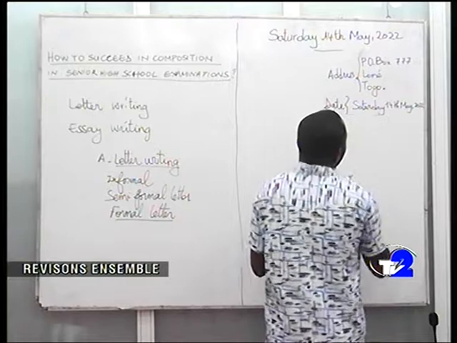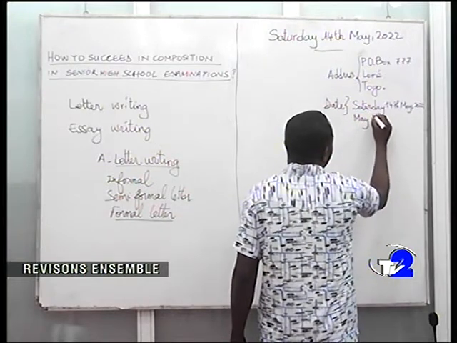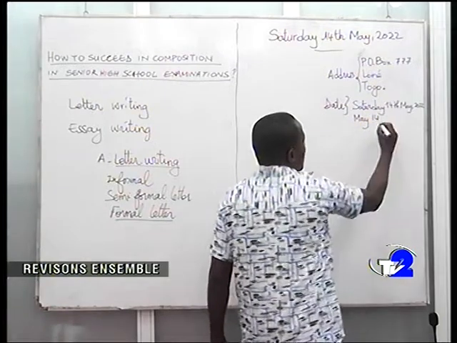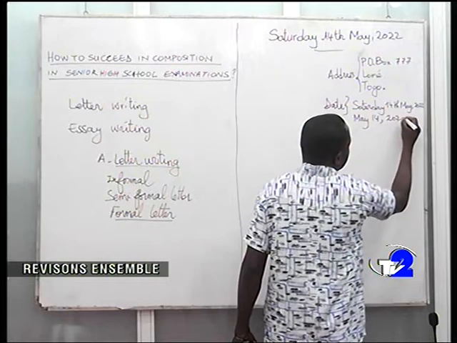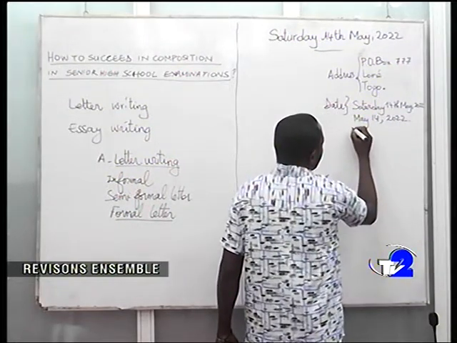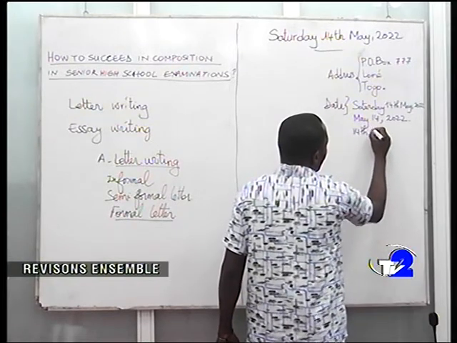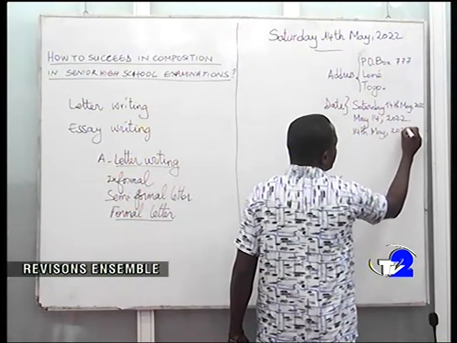Or you can also write it like this. You can also say May 14th, and you place a comma and you write 2022. Or you can also write it 14th of May, comma 2022.